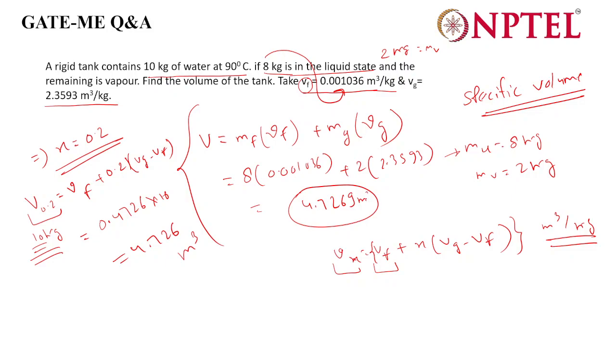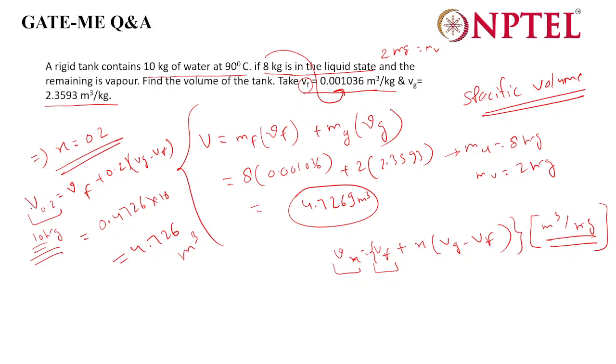Sir, if we are calculating specific volume, finally we should just multiply by the total mass. Because here specific volume is meter cube per kg, how much meter cube is in 1 kg. Then if you give the mass, you get the total meter cube. Here we need not consider individual masses like 8 kg, 2 kg.